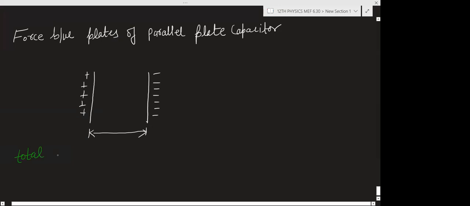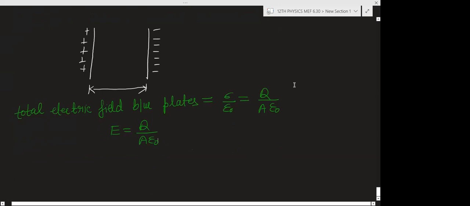Total electric field between the plates is sigma by epsilon naught, and sigma is given by q by A, so we have electric field q by A epsilon naught. And here is charge q and here is minus charge q on this plate.